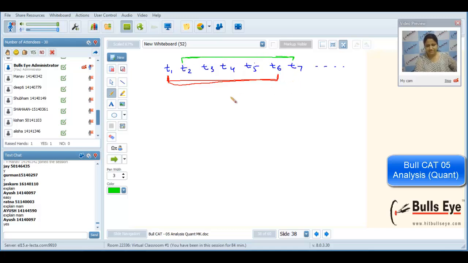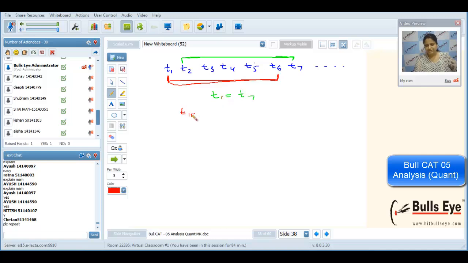From this logic, can you say T1 should be equal to T7? Yes, Ratan? T1 is equal to T7.